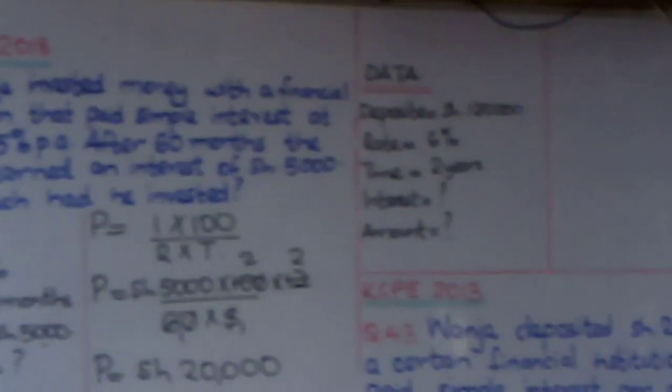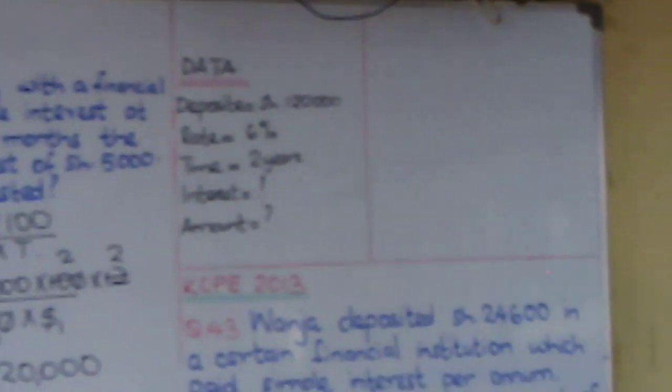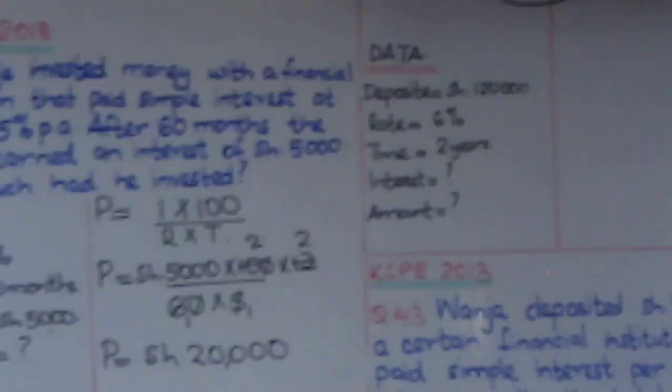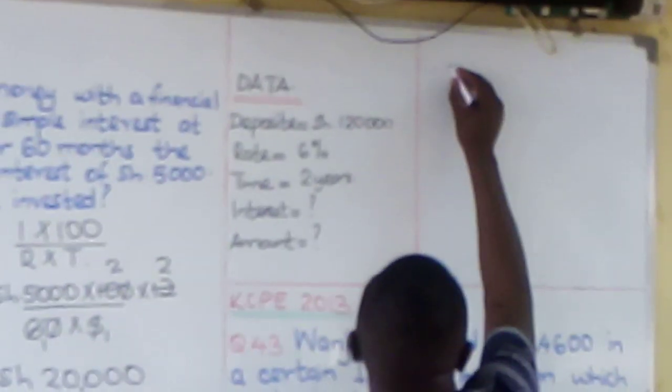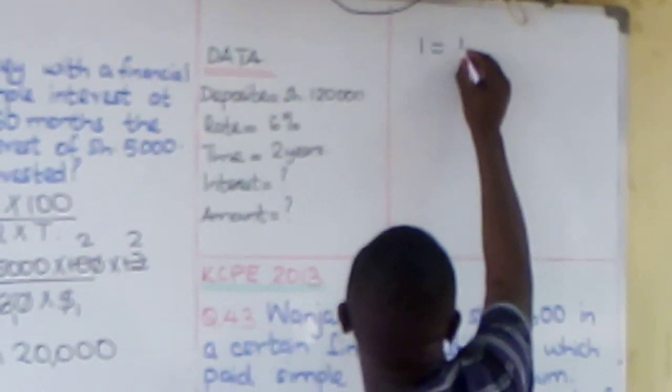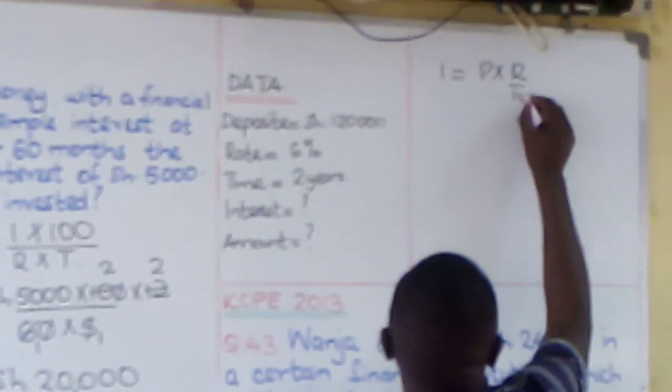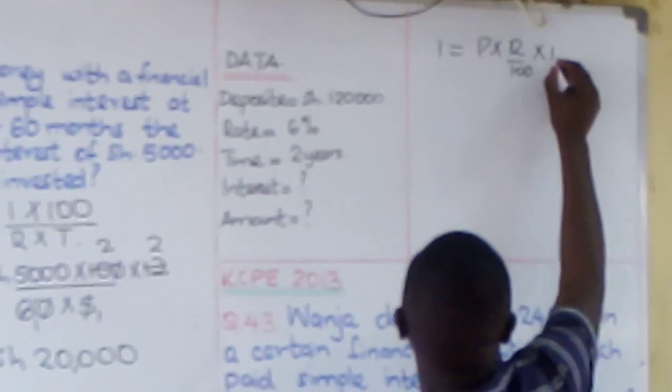Boys and girls, Sylvia Mukanyika, please help me write the formula for finding interest. Sylvia? Yes, wonderful. Interest is equal to principal multiplied by rate over 100 multiplied by time.